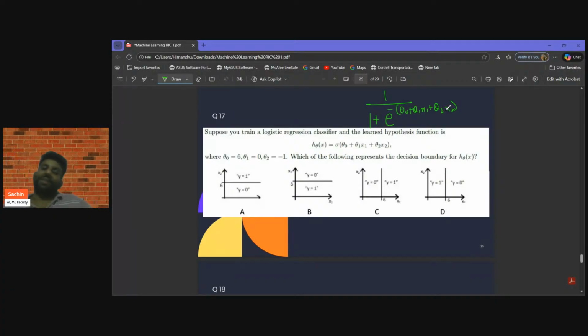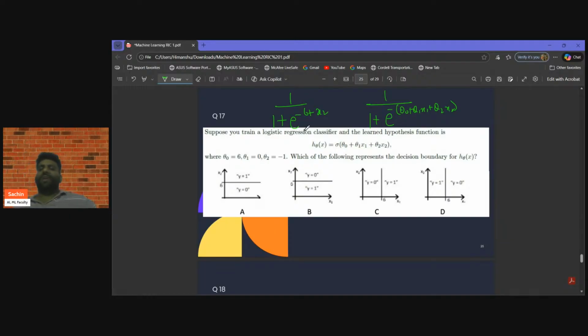Given that theta naught equals 6, theta 1 equals 0, and theta 2 equals minus 1, it becomes 1 upon 1 plus e to the power minus of 6 plus x2, since theta 2 is minus 1 and theta 1 is 0.